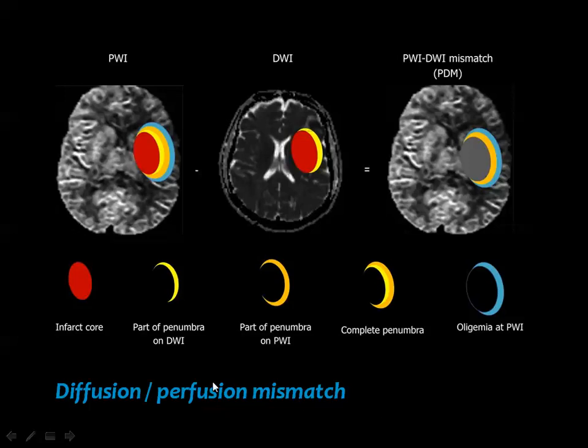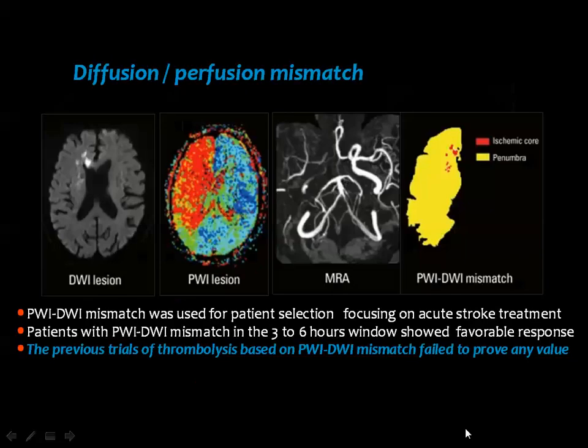And here, what we call the diffusion perfusion mismatch, this is the infarcted area or the infarction core, and the surrounding area, which is the hypoperfused area, and what we call the penumbra or the area at risk. If you look here, you can see that the area of restricted diffusion is very small.